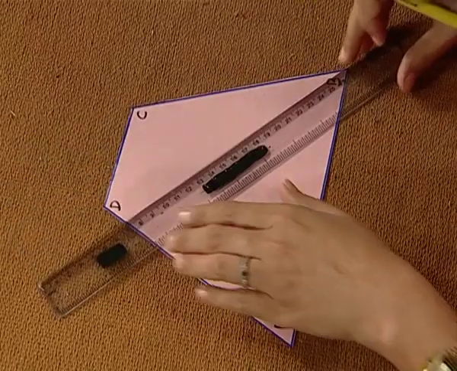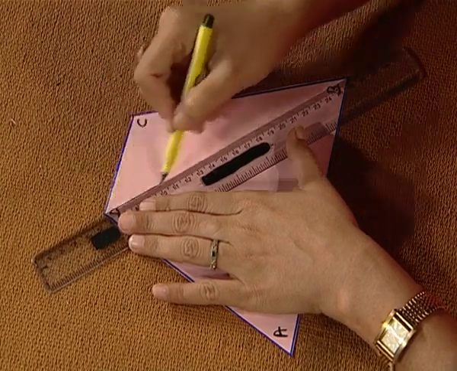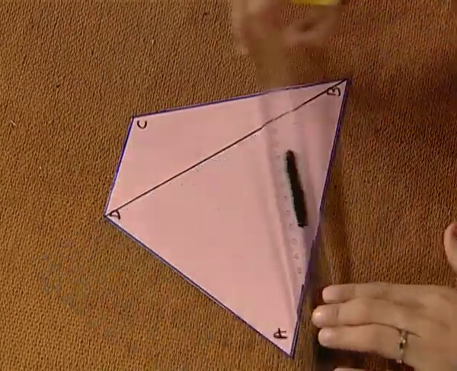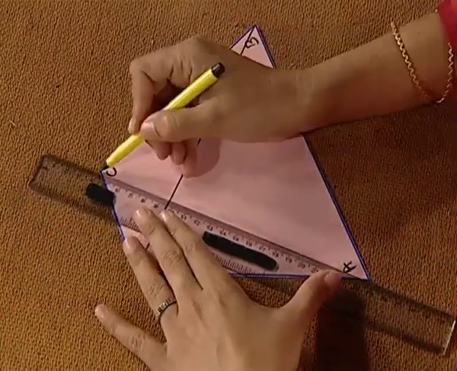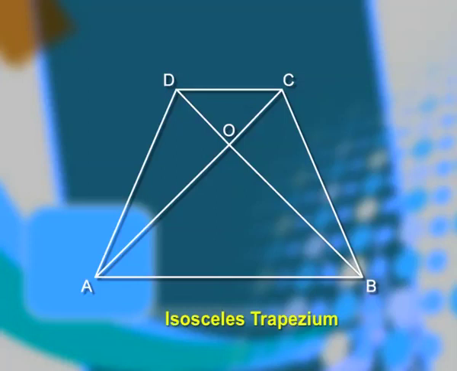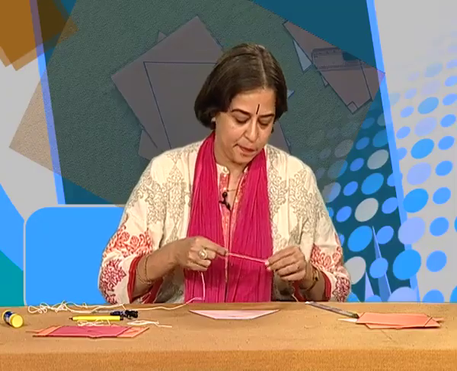We will draw the diagonals. We join the vertices B and D. The first diagonal is obtained and we join the vertices A and C to get the second diagonal. The two diagonals meet at a point O.